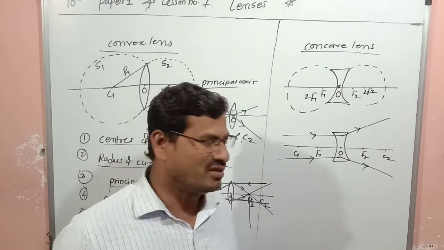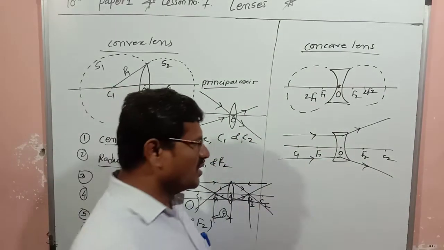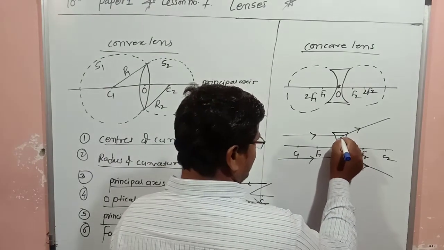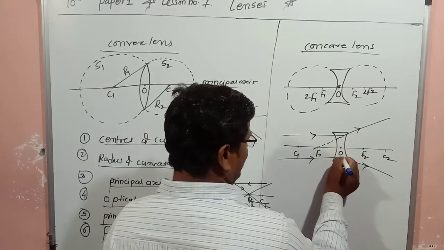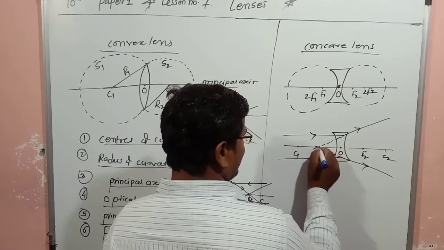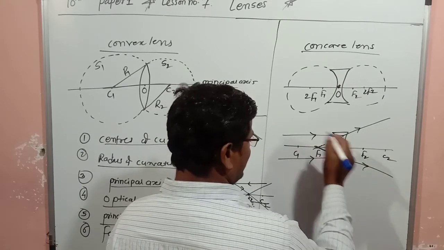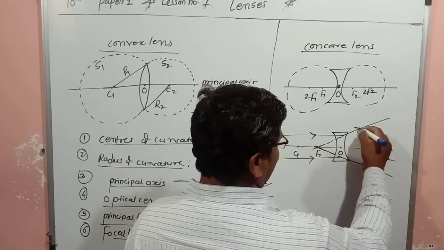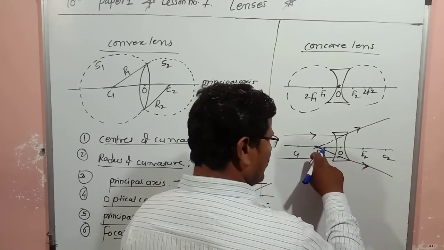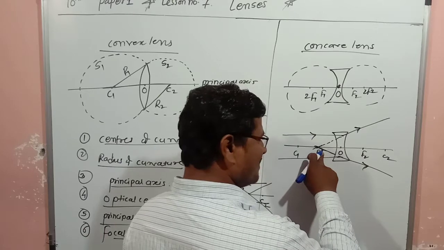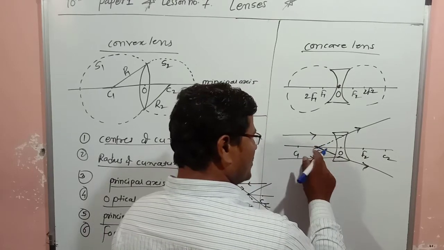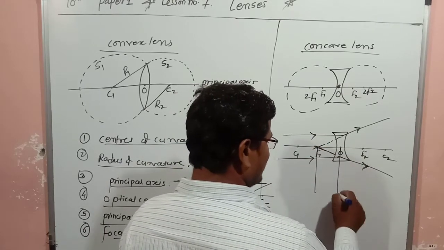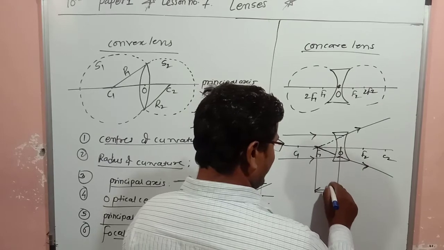It looks like they are coming from a point behind, or you extend the dotted lines, and it looks like the refracted light rays are coming from a point on the principal axis. That point is the principal focus, and this will be the focal length.